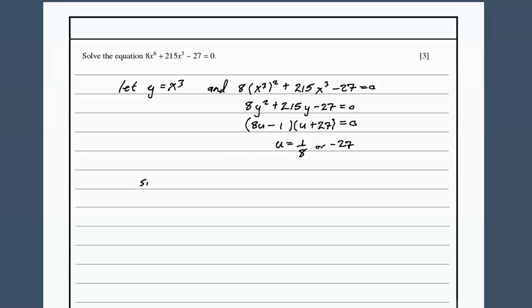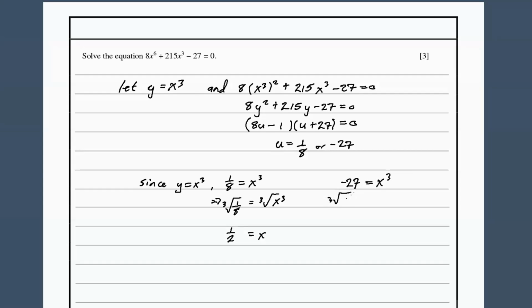Since we had said that y is equal to x cubed, then an eighth should be equal to x cubed. If we cube root both sides, we'll have the cube root of 1/8 equal to the cube root of x cubed. We will get x coming out as a half here, and minus 27 is also equal to x cubed.